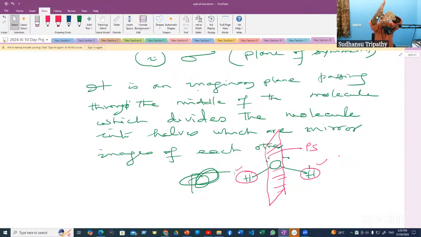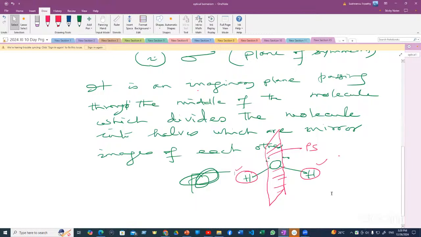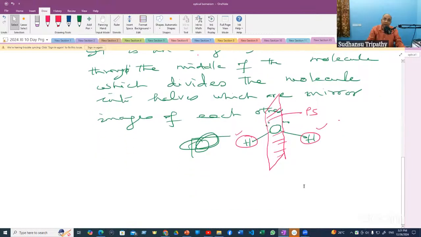Another perpendicular plane which passes through the midpoint, that imaginary plane, will divide this molecule into two halves which are mirror images of each other. So we say this imaginary plane is a plane of symmetry. You understood? Yes, sir. So if a molecule has a plane of symmetry, then it is symmetrical and it is achiral.